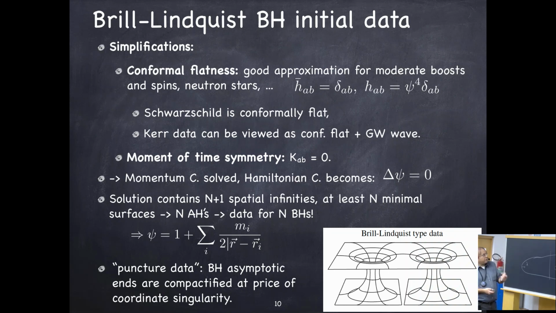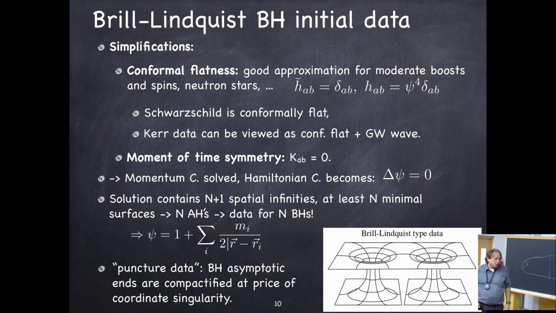So these are kind of singular points. They're called punctures, like you make a hole in the space-time. These points are a coordinate singularity, but with each of these minimal surfaces, you will have associated one of these apparent horizons. All right, so if we put in 2 of them, we get 2 of these wormholes, and we get 2 horizons. All right, so this is my recipe for constructing initial data with 2 black holes.